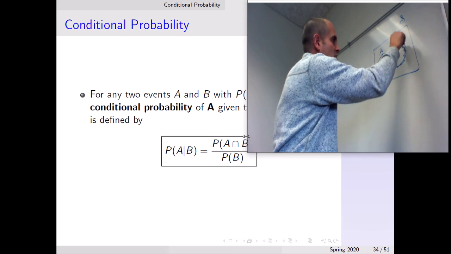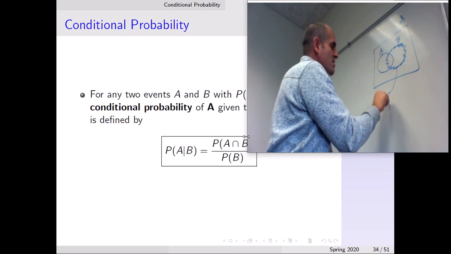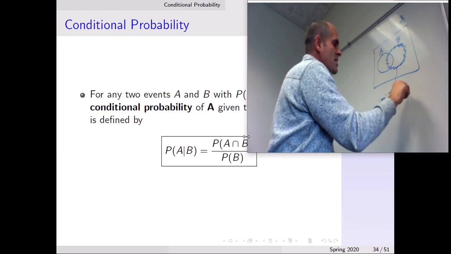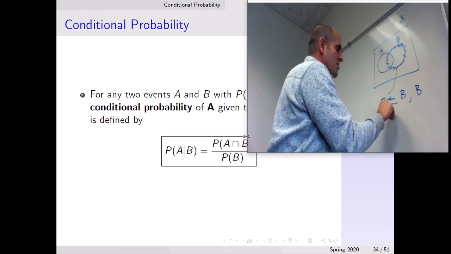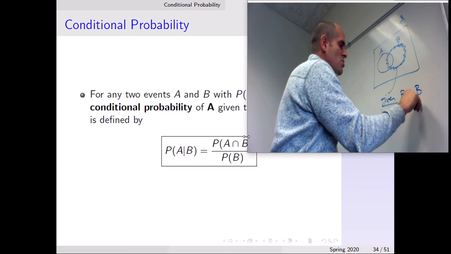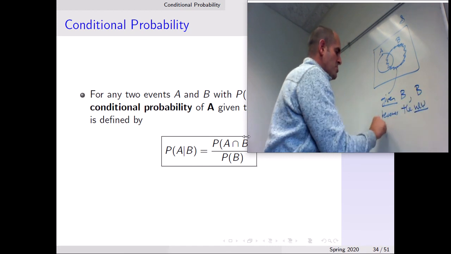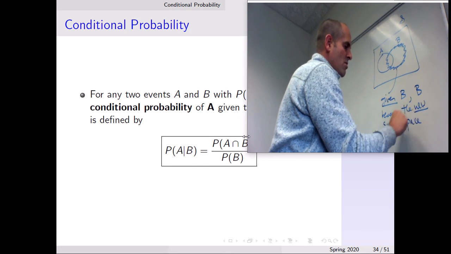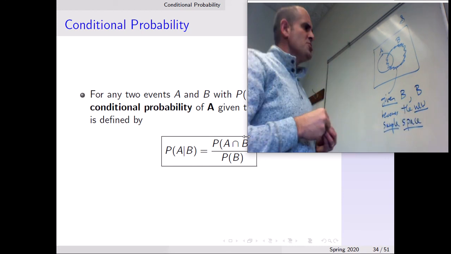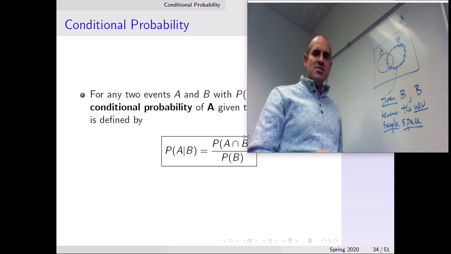Given B, B becomes the new sample space. So B is like the new S.